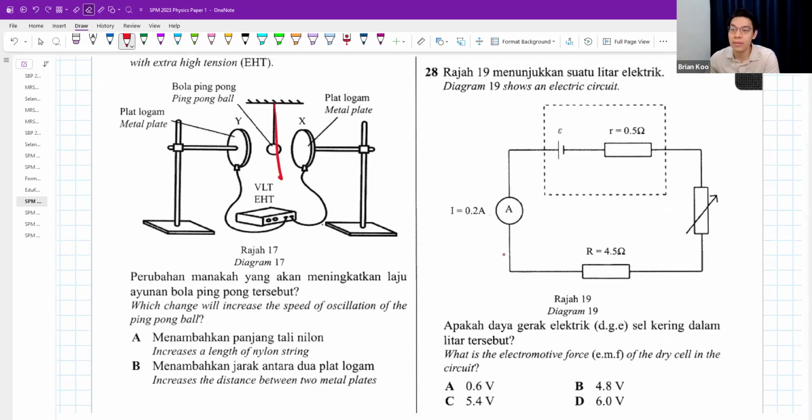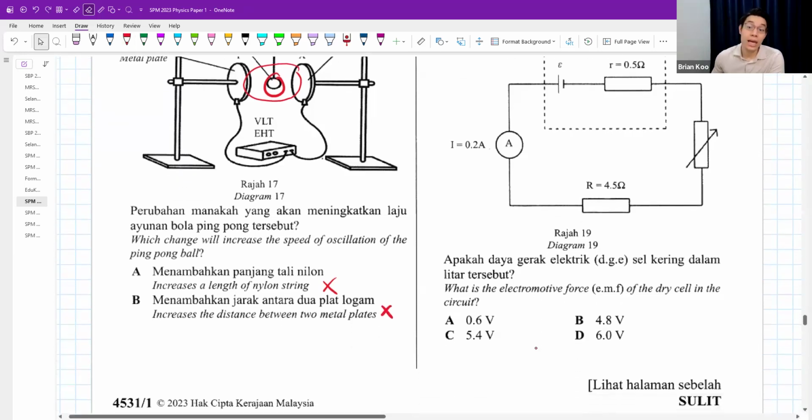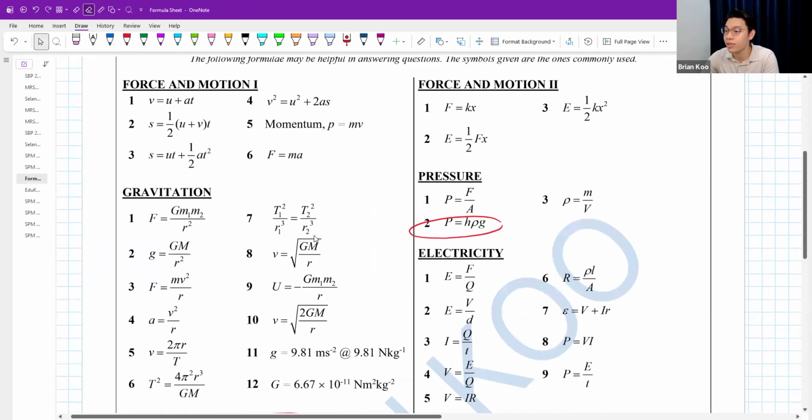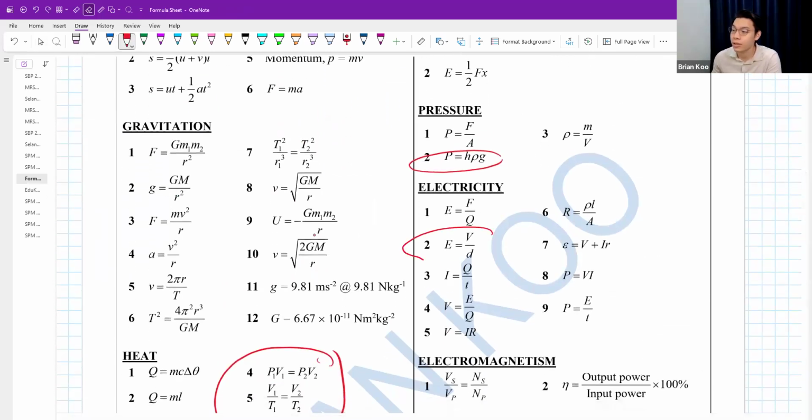The ping pong ball must make sure in the middle, right? You increase the length, then it will be out of the center already. Then the electric field will be weaker. So increase distance between the metal plate. Also wrong. There is a formula actually. The formula is given also, I believe, that you can find in the electricity topic. This one.